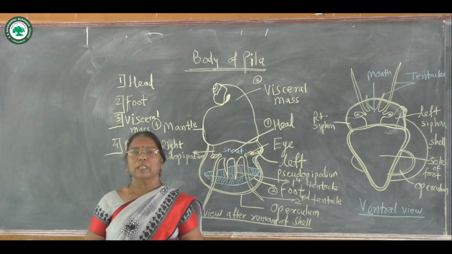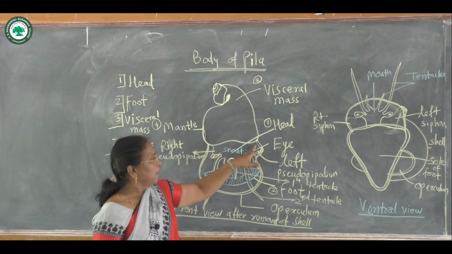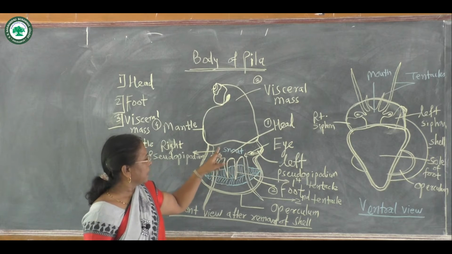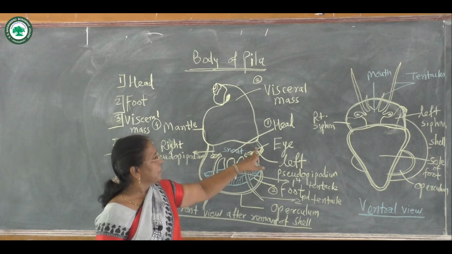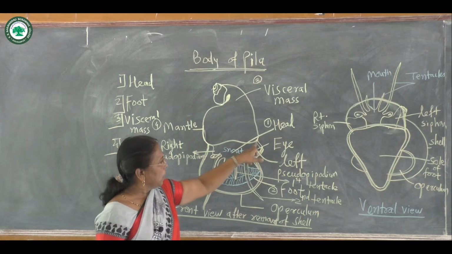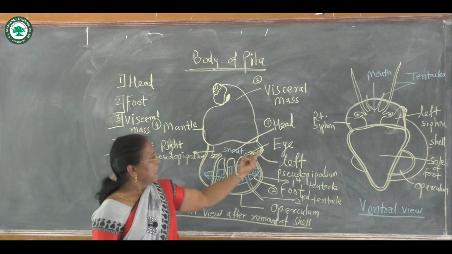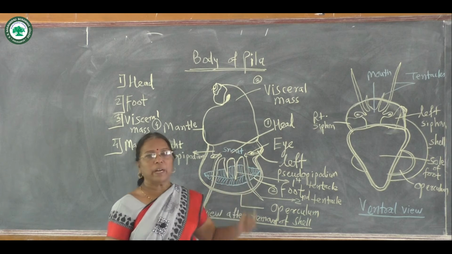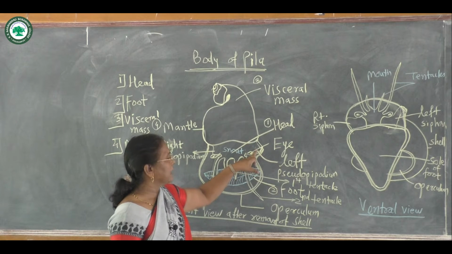Siphon is nothing but the muscular part of the body which is helpful for intake of water and driving out water. These two siphons are muscular tubes, and the left one is somewhat elongated or larger compared to the right. This left siphon is nothing but the elongation of the muscular part of the mantle cavity.